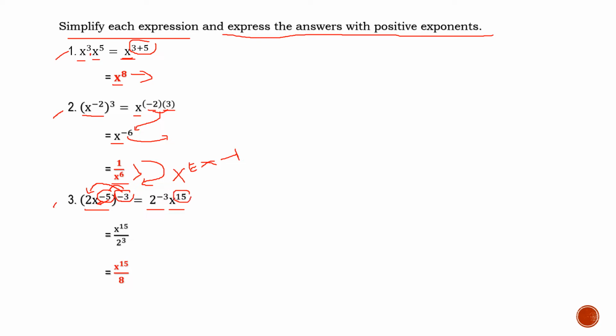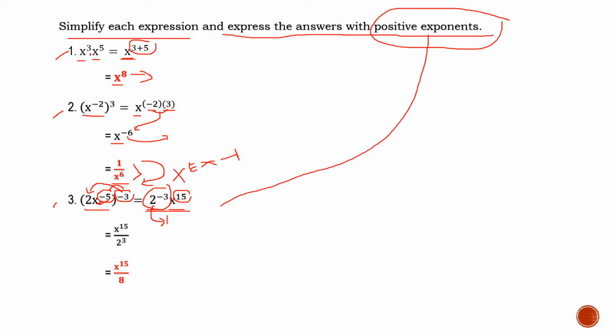If this is the case, they are both in the numerator, but in reality there is a 1 here as your denominator. So this 2 raised to negative 3, we're going to move this term to your denominator, because our target now is to have positive exponents.